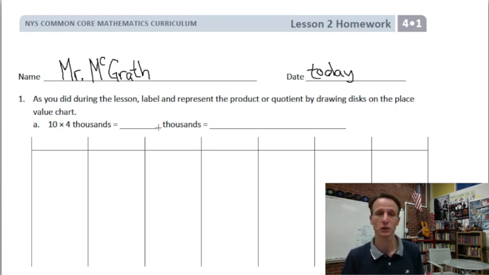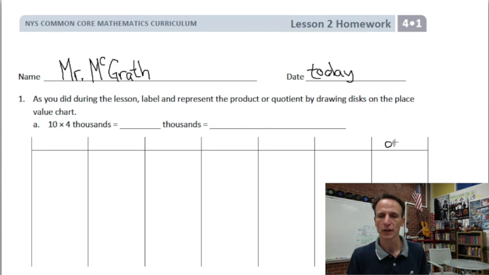That was a lot of work. So we're going to label and represent the product or quotient, which means we're multiplying or dividing, right? And we'll draw discs on the place value chart. All right, we can handle that. It doesn't mention in the instructions, but we obviously need to label this place value chart itself. So yes, it does say label, I guess that's it.